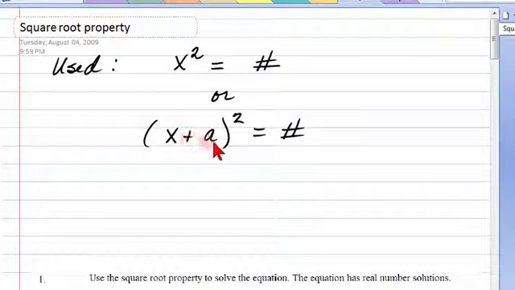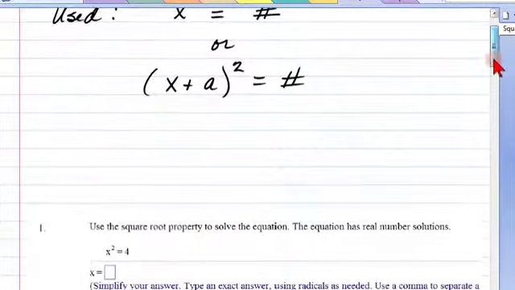Now, this parentheses can be pretty complicated, but to use this square root property, one of the sides has to just be a quantity squared equals just a number. So you're going to see that in every one of these problems.